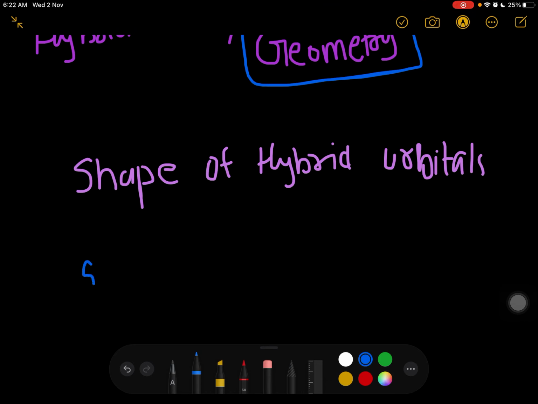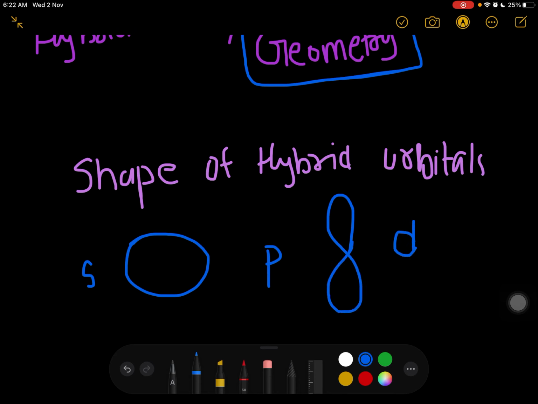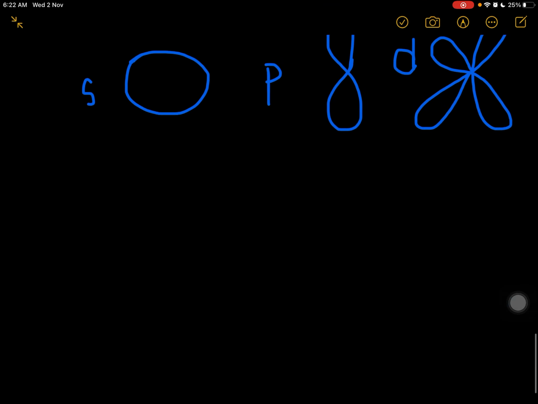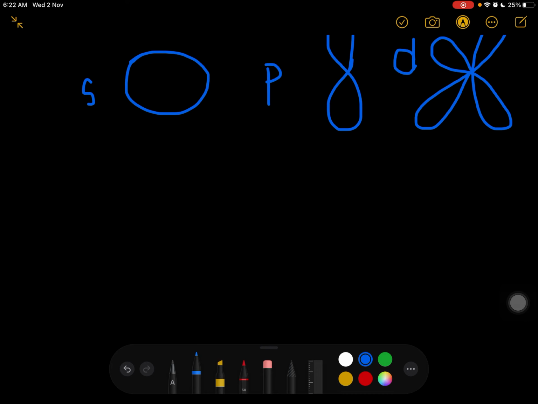We know that the shape of s is spherical like this, the shape of p is like this, and d is like this. If you haven't gone through these shapes, please watch my YouTube video to clear your concepts. So this is the shape of d, a double dumbbell.